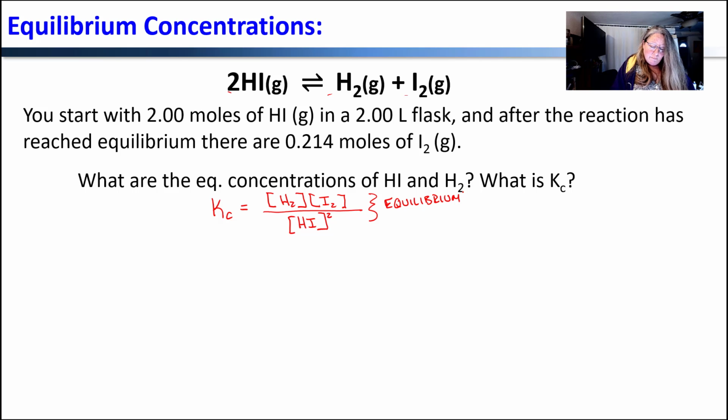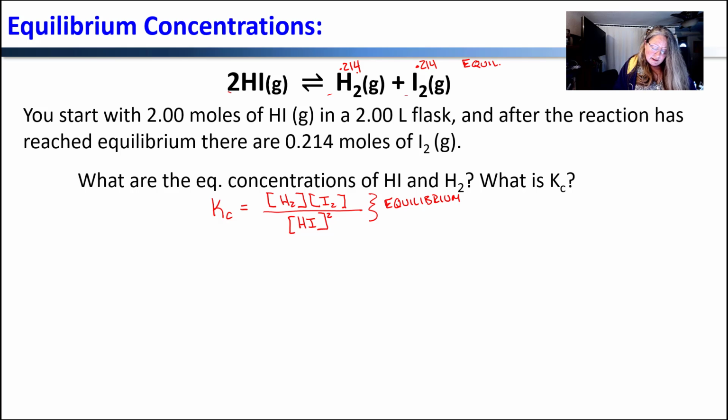Okay, so my I2, what do I have here? I'm told that at equilibrium, I have 0.214 moles of my I2. Well, that's kind of nice because it's 1 to 1. So however much of the I2 I have has got to be the exact same amount of moles of the H2 I have. That'll be 0.214 as well.